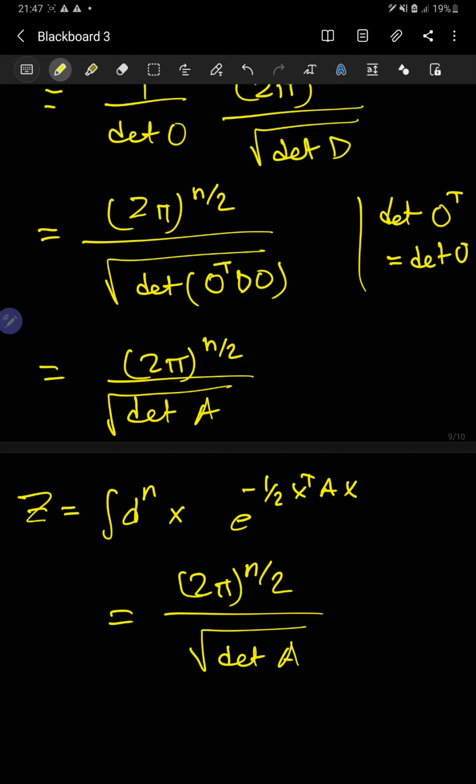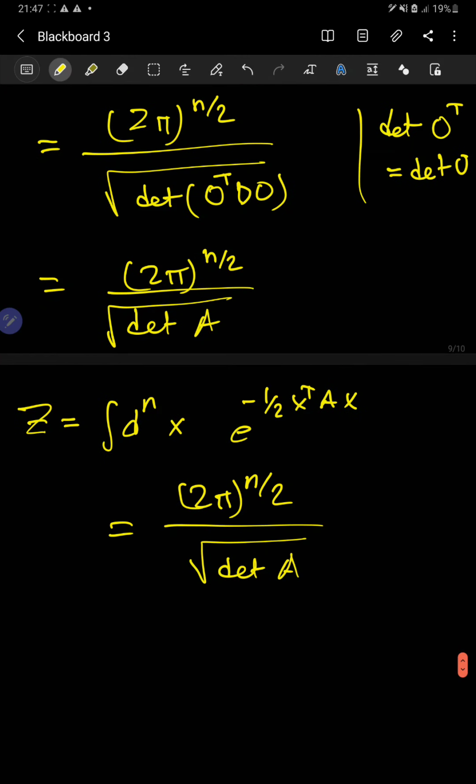If we know the size of the matrix A, and if you find the determinant, you solve this complicated Gaussian integral without caring about the variable. That's the significance of it. That's the absurd part of it, and that's the interesting part of it as well.